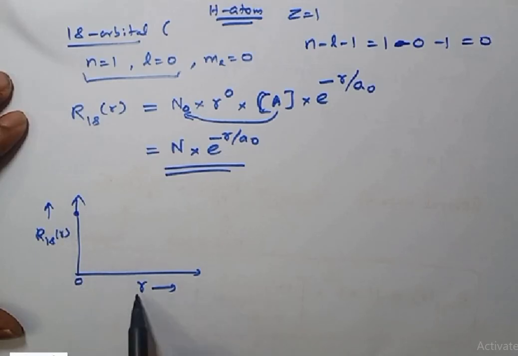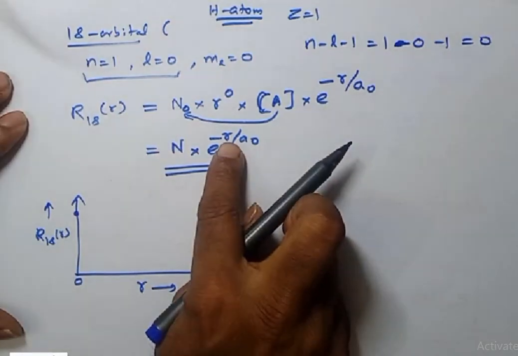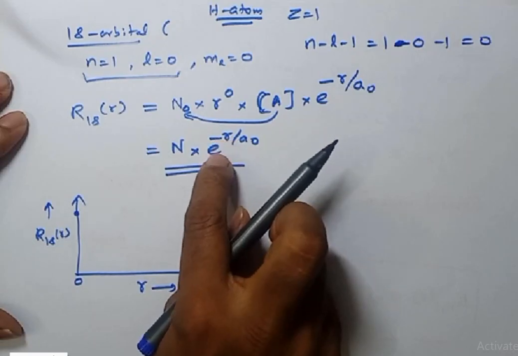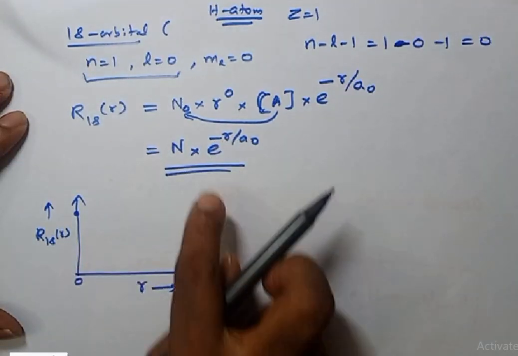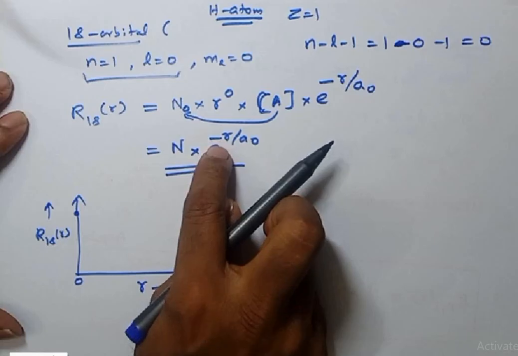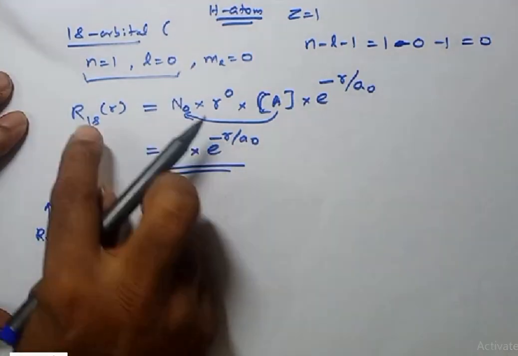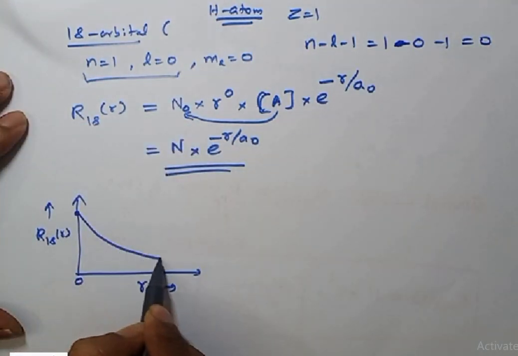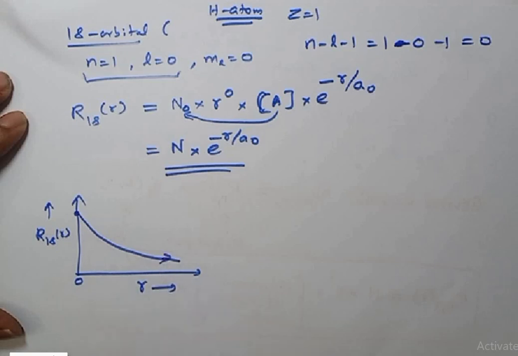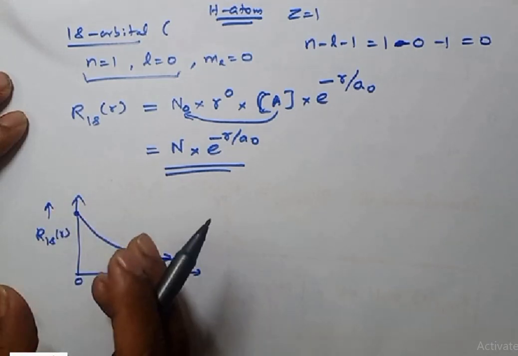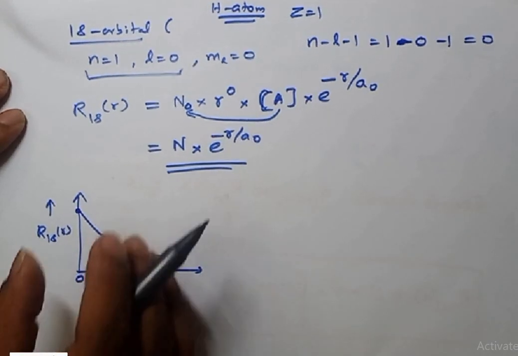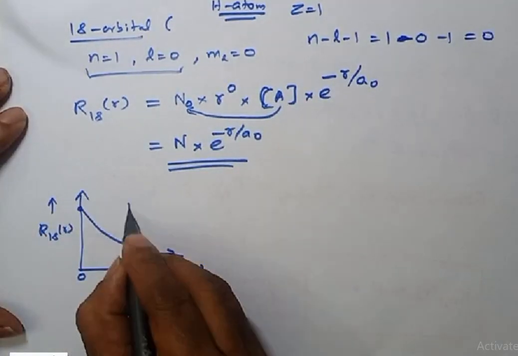Then, as small r increases, what happens? I have a minus sign here, therefore the function decreases exponentially. This is how the radial part of the wave function looks for the 1s orbital.